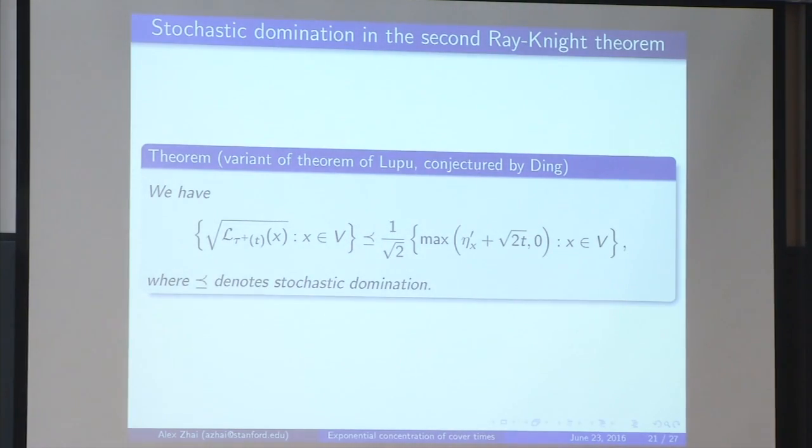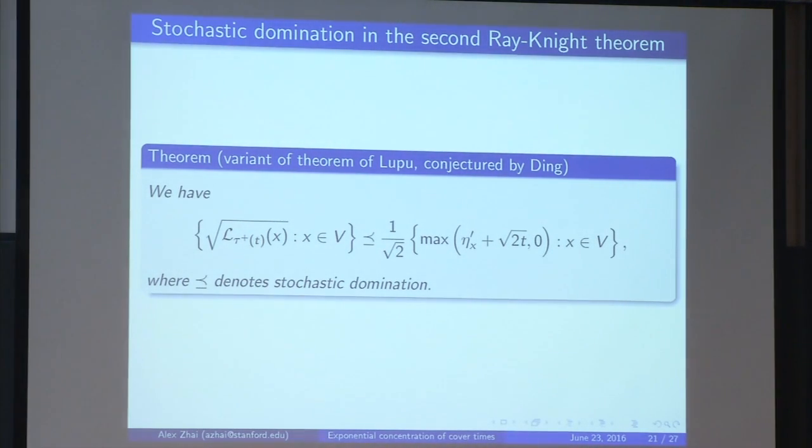So now let's move on to the third part, which is basically to prove the sort of sketchy implication from 2 slides ago. This is basically the thing that also appeared in a paper of Lupu, but not really applied to cover times.